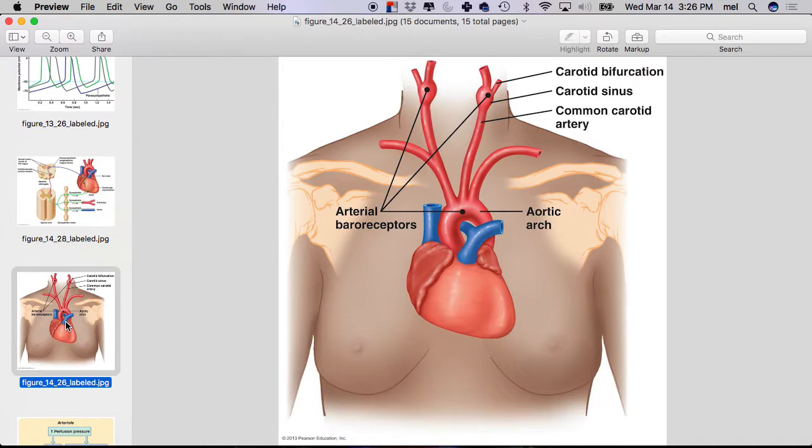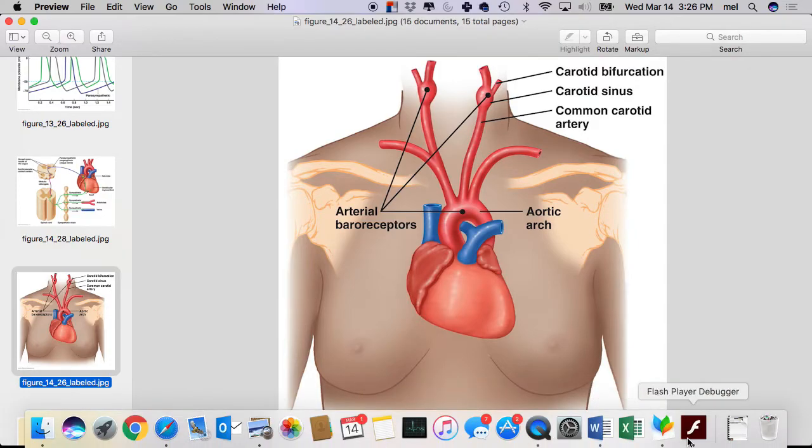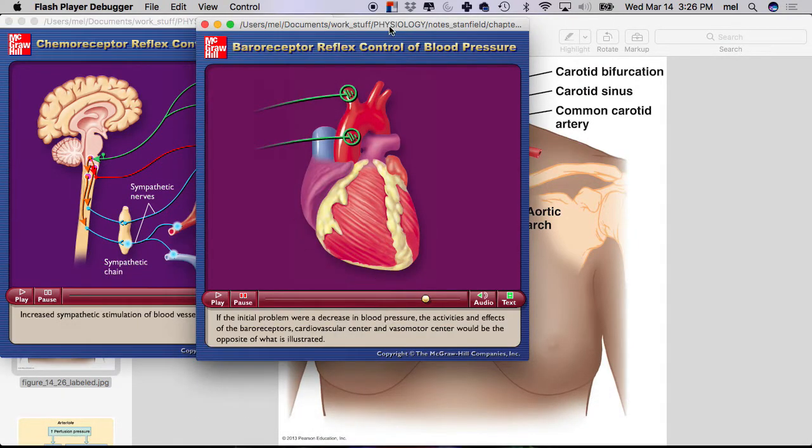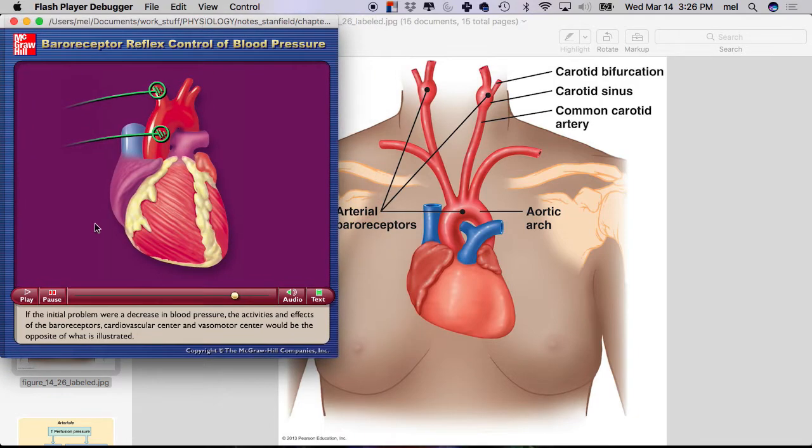No, you just detected high pressure here and here. And you told the medulla oblongata, and the medulla oblongata is taking care of business by turning on the parasympathetic nervous system. Got it? Okay. All right. So let's see that happen. You ready? Okay. So, baroreceptor reflex control of blood pressure.